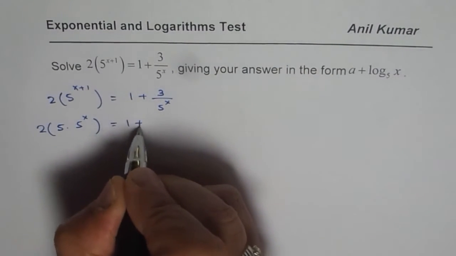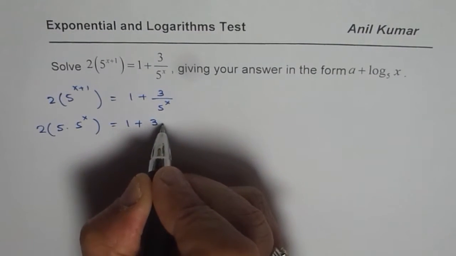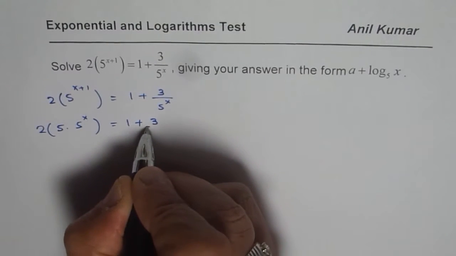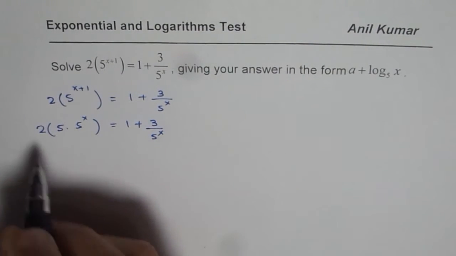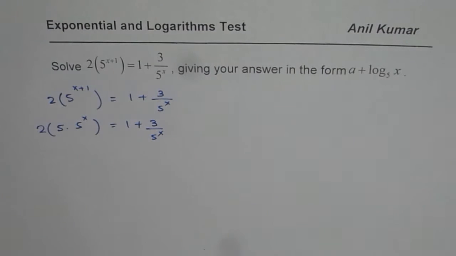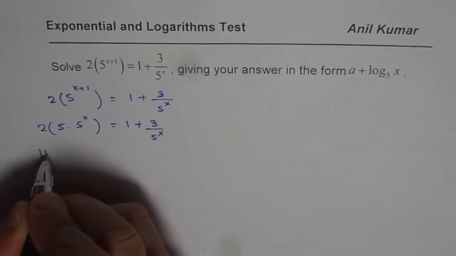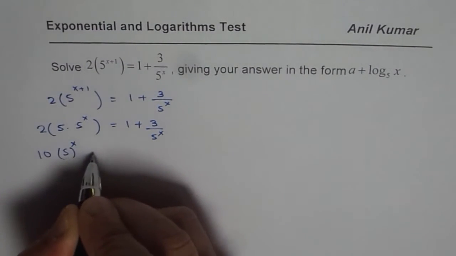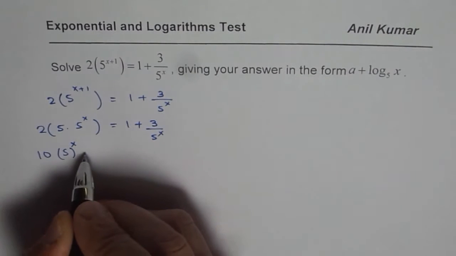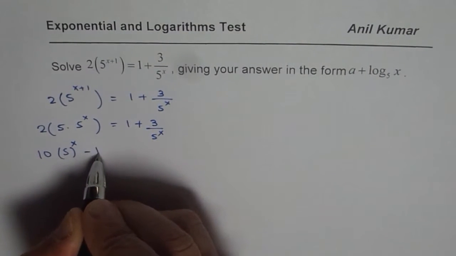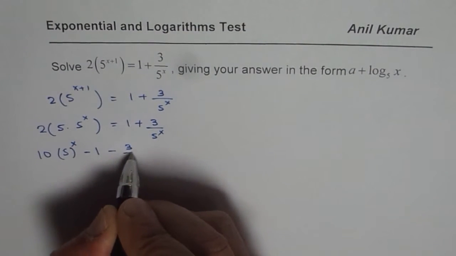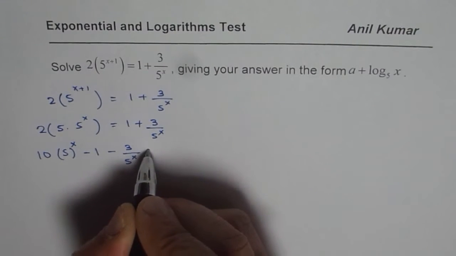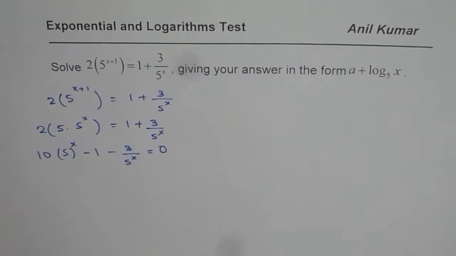Now let me write this in terms of 5 to the power of x itself. We can bring everything to the left side, so we get minus 1 minus 3 over 5 to the power of x equals 0.